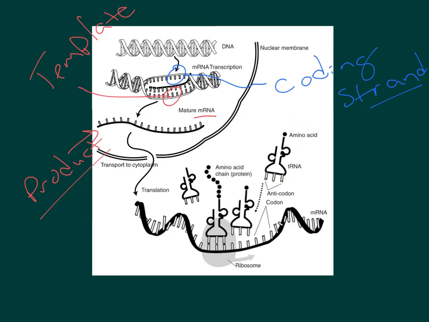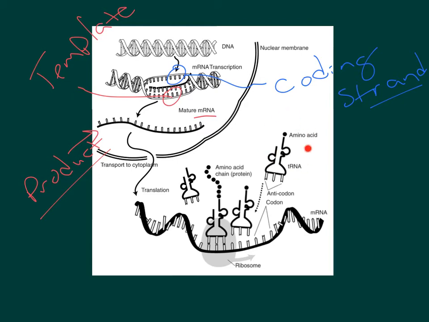But there are redundancies. There is more than one tRNA, more than one code, that carries a specific amino acid. Often there are exceptions to everything, right? So for instance, the AUG's methionine is only for AUG. So there's only one tRNA that carries methionine, one of the amino acids.